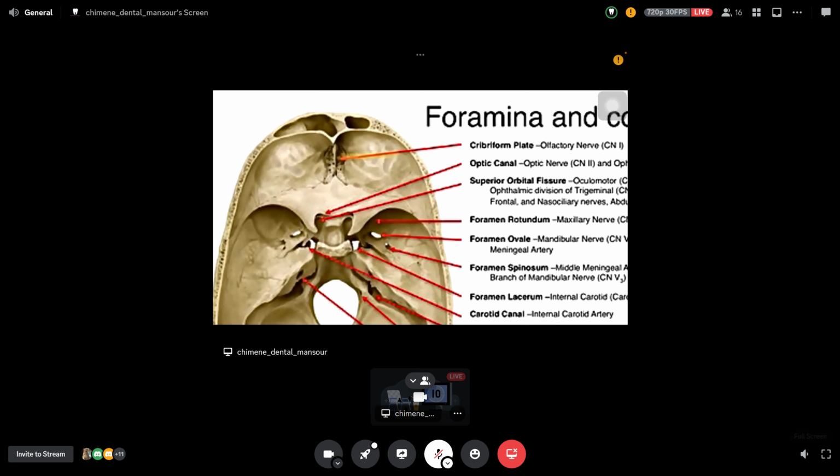And pay attention also to the end point between each suture. For example, the end point between the coronal suture and the sagittal suture in the anterior part is called the bregma. It's something Greek. I forgot about it. I'm sorry. I'm not perfect.